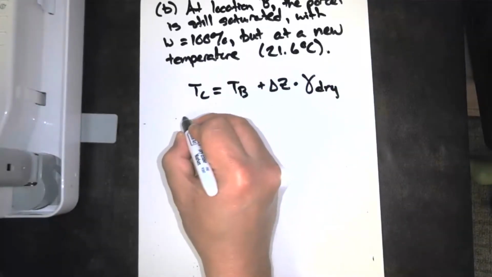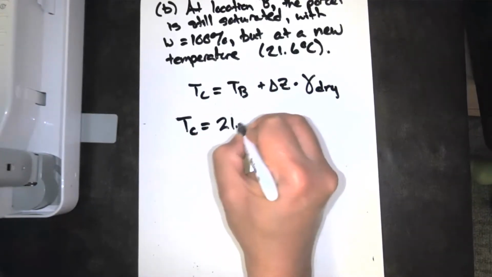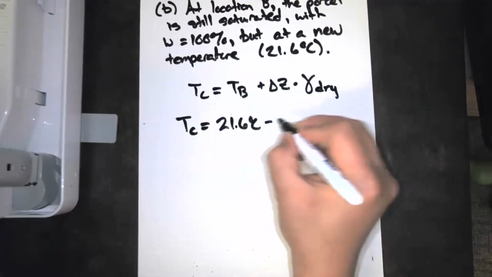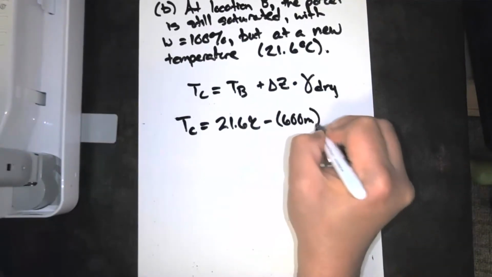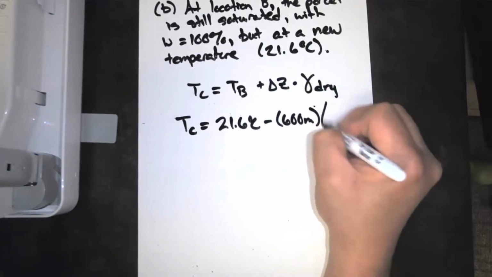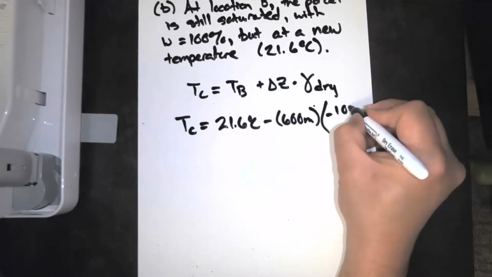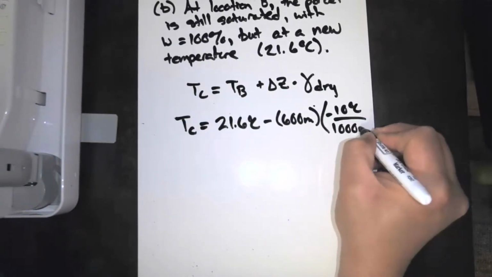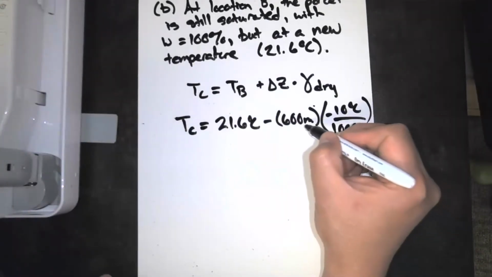So when we plug in our numbers here, temperature at C is equal to 21.6 degrees C, which was what we determined from part A. We're going down in elevation 600 meters, from 1,400 meters to 800 meters, and we are subjecting our parcel to the dry adiabatic lapse rate of minus 10 degrees Celsius per 1,000 meters.